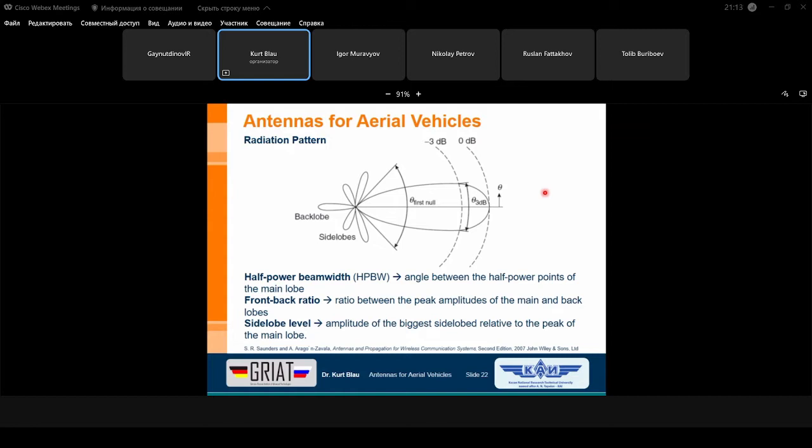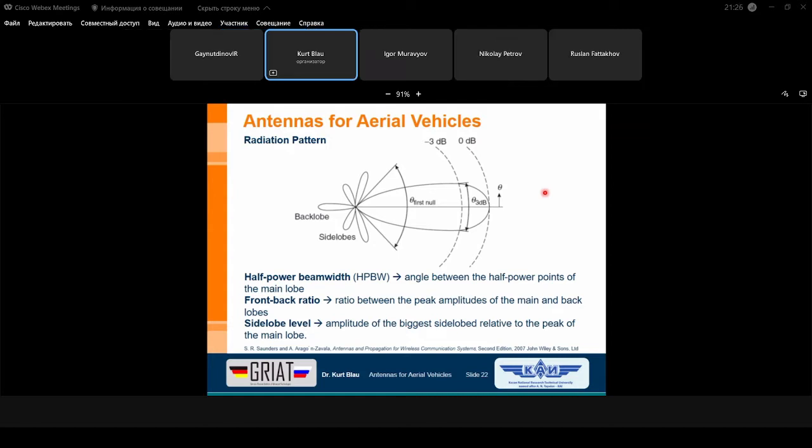One is the azimuth plane, normally parallel to the surface of our Earth. The other plane, perpendicular to this plane, is the elevation plane.